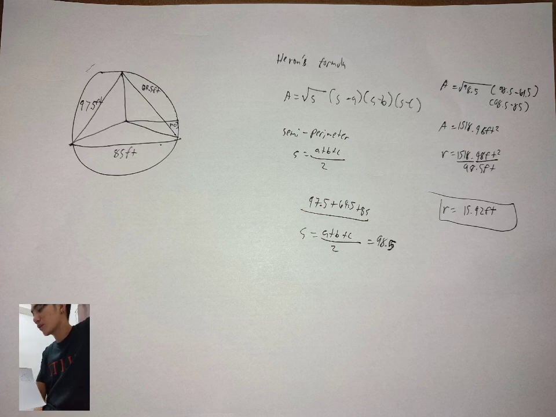So A equals 1,518.46 feet squared. So the radius equals 1,518.46 feet squared divided by 98.5 feet. So the radius equals 15.92 feet.